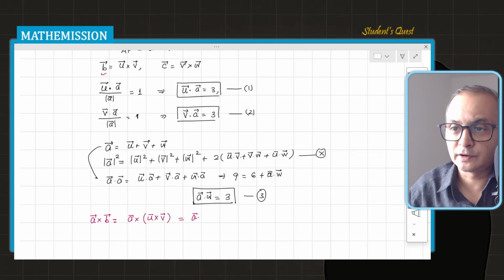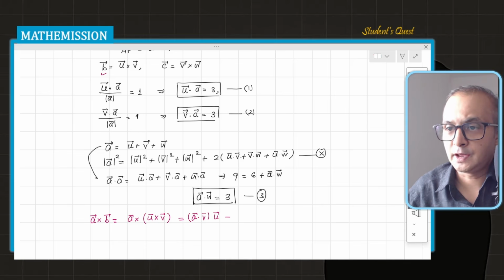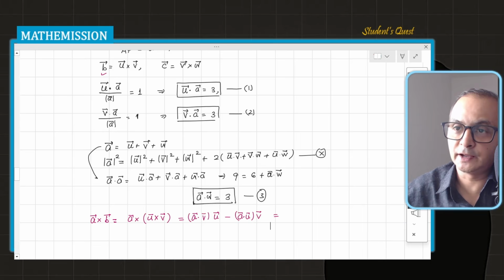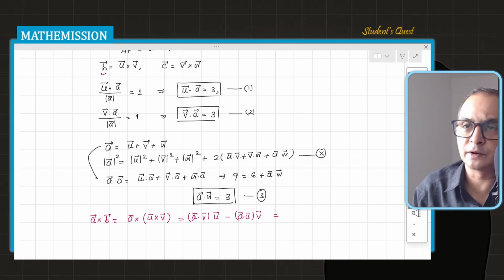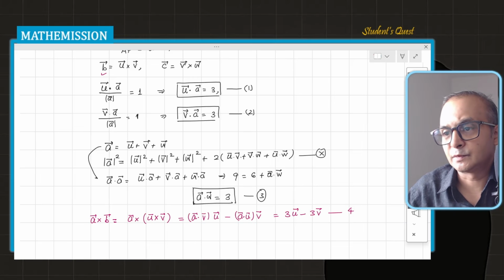This I can write as A dot V vector U minus A dot U vector V. That was my guess, because I have this U dot A and V dot A. I could use this cross product, A cross U cross V, and then we get A dot V and A dot U. So here A dot V we already have, that is 3, and this is also 3, so I can write 3U minus 3V. This is another piece of information we have.